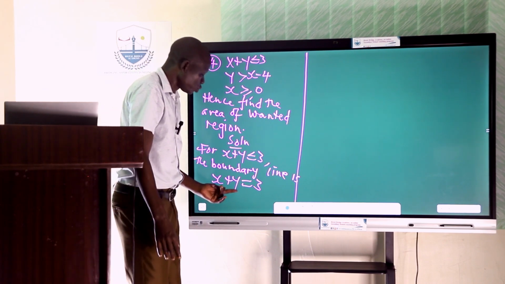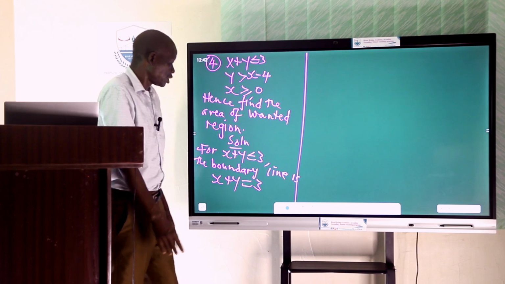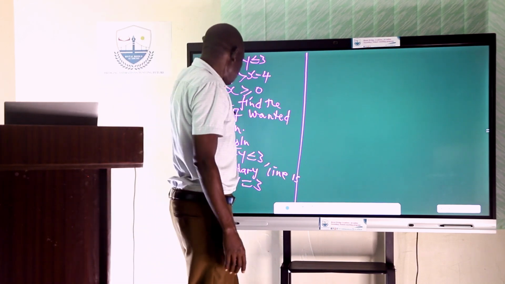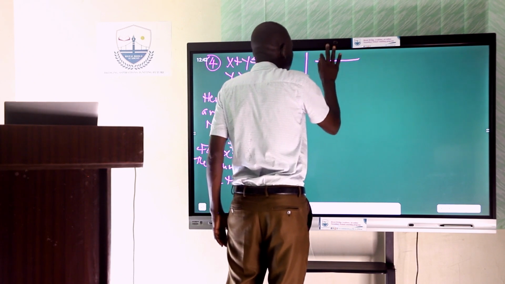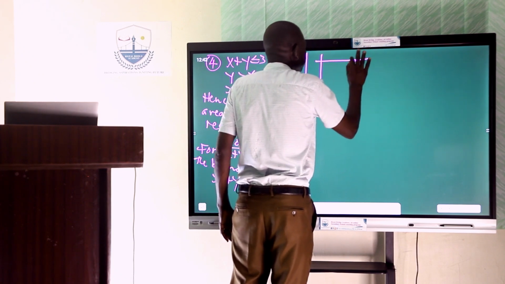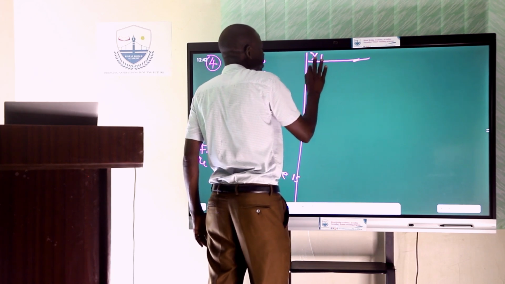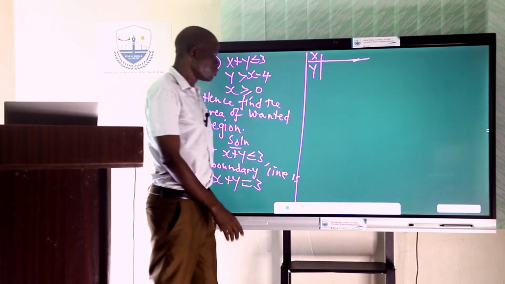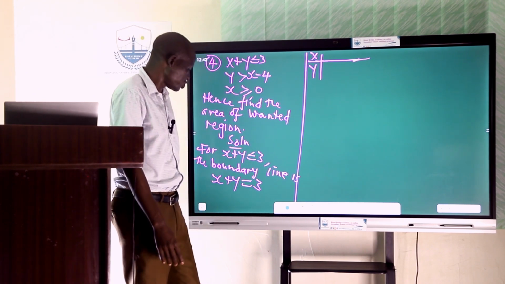So we are going to draw a table for this. Here we have x and then y. In this table, what appears there are the intercept points.